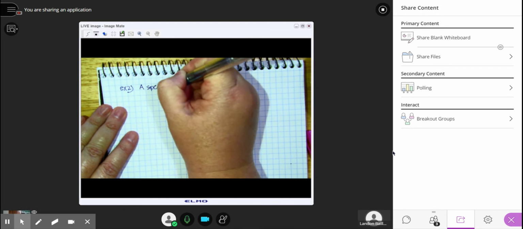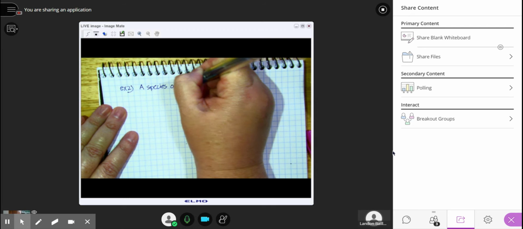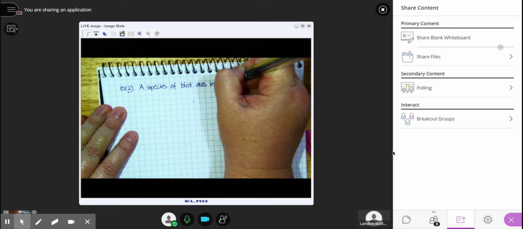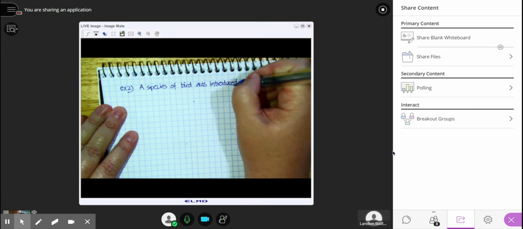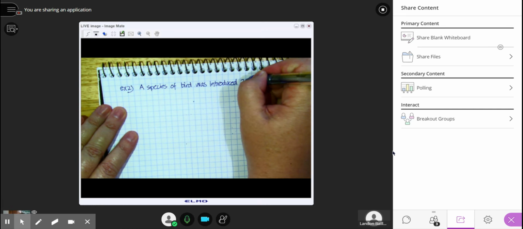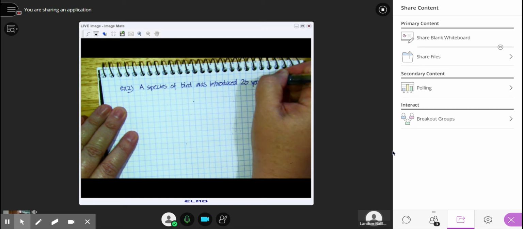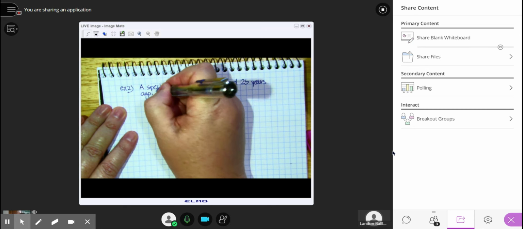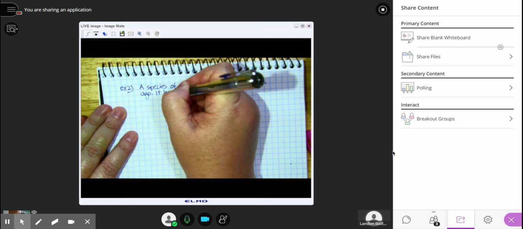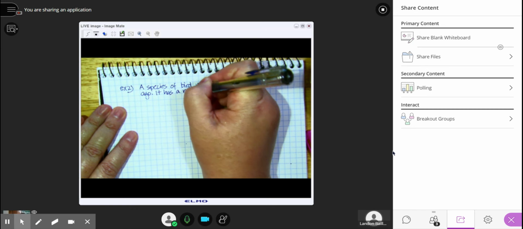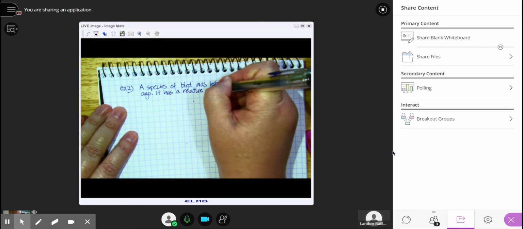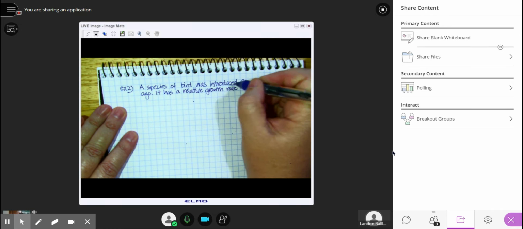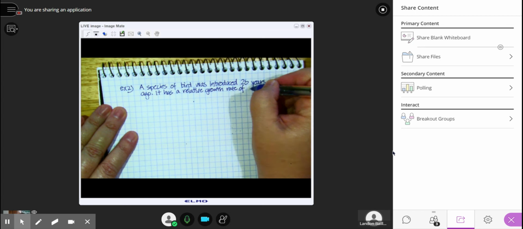All right, so a species of bird was introduced 25 years ago. It has a relative growth rate of 12%.